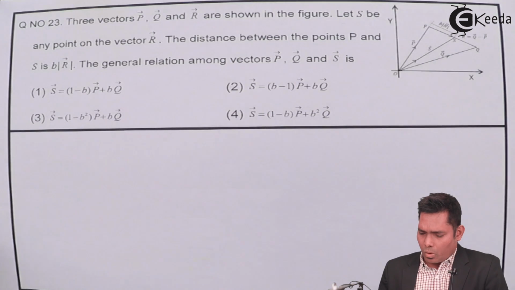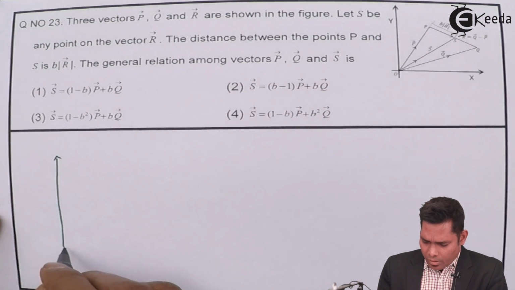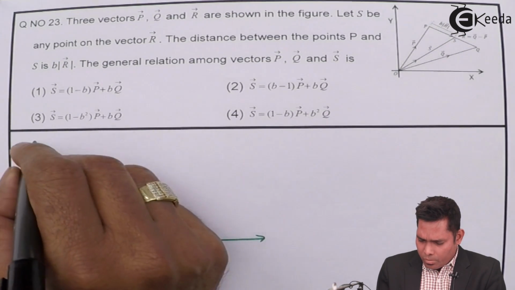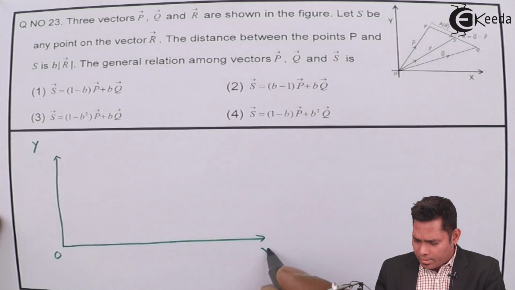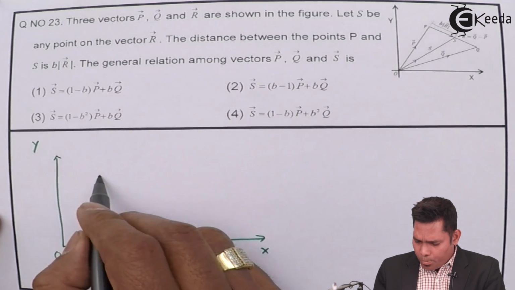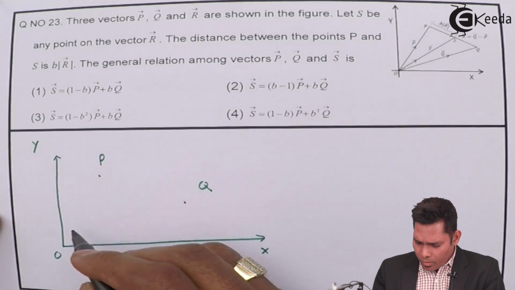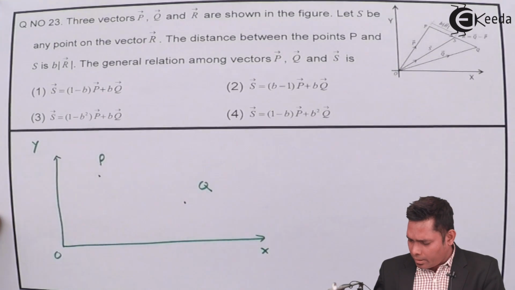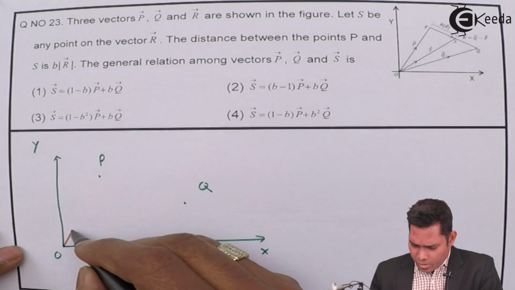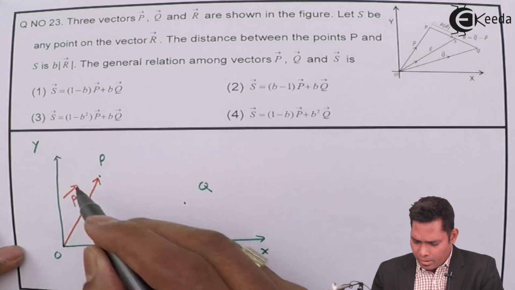Now, to solve this, first let us consider an origin. Say this is the origin O. This is my y-axis and this is my x-axis. I have two points P and Q. This OP vector is given as the P vector.